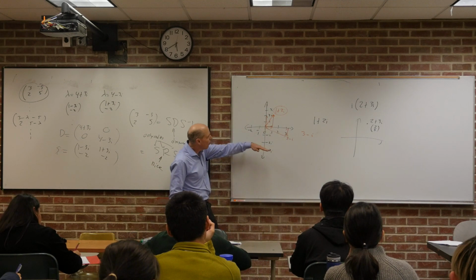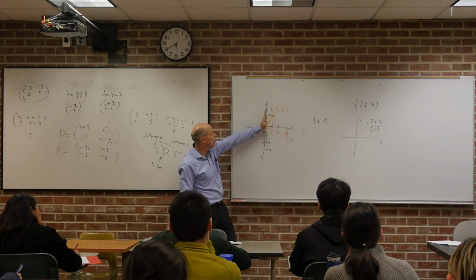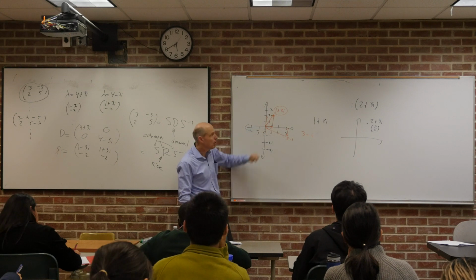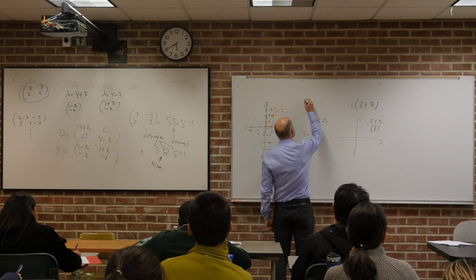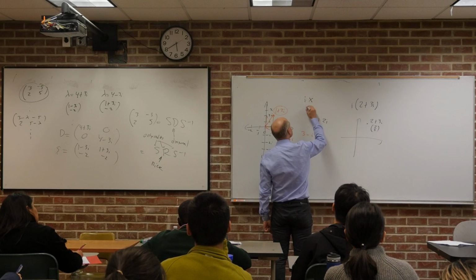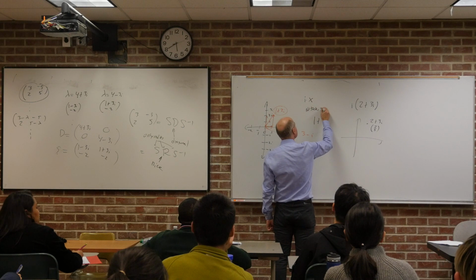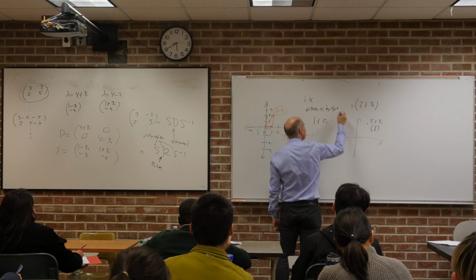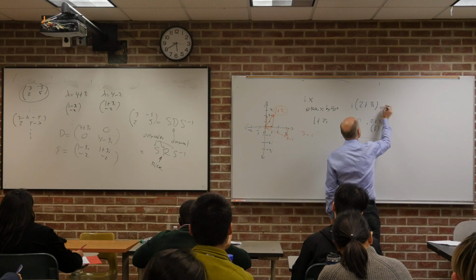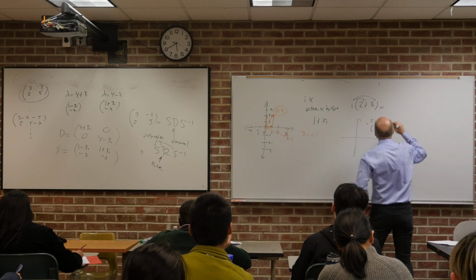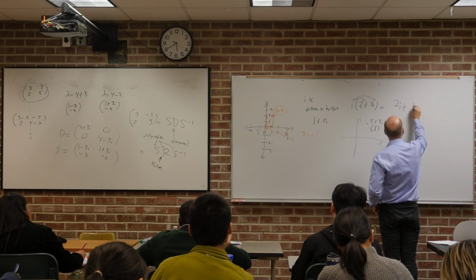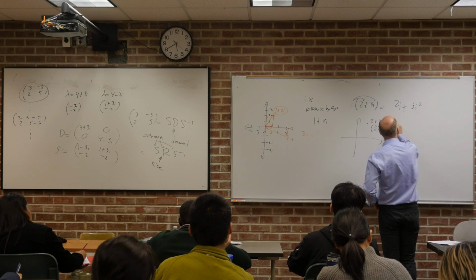And remember we talked about multiplication by i rotates 90 degrees. The algebra here, that's 2i plus 3i squared.